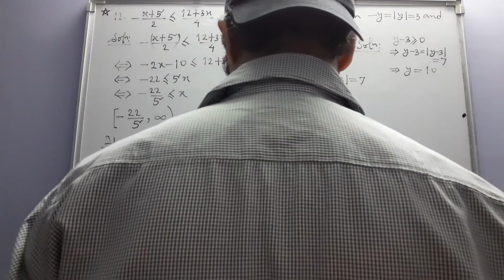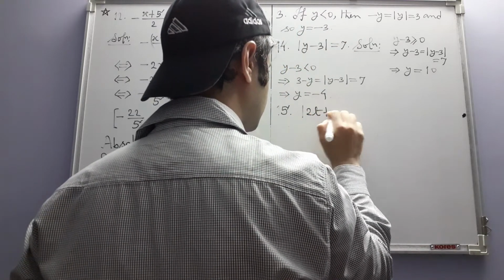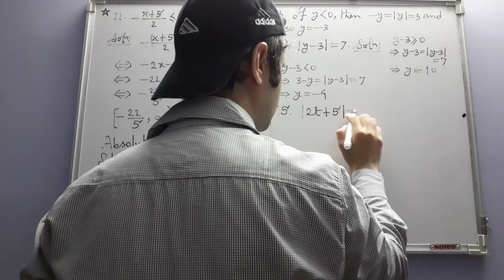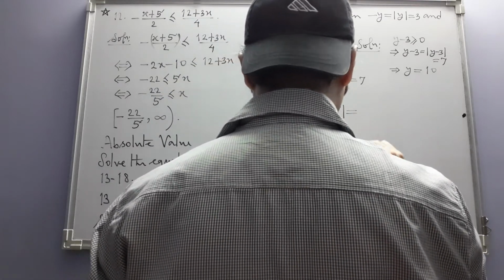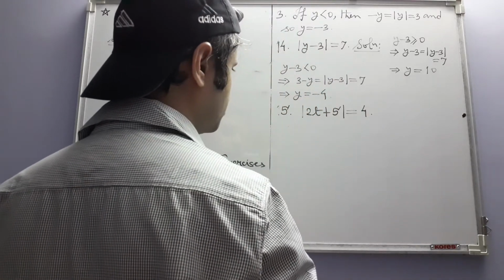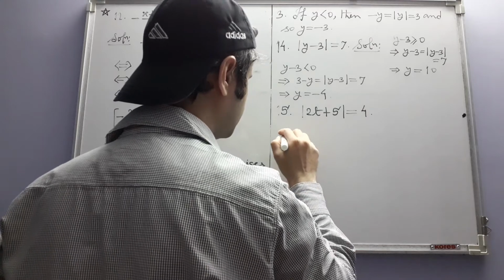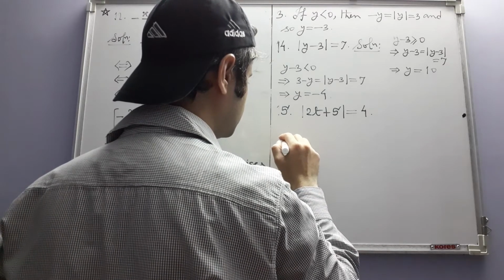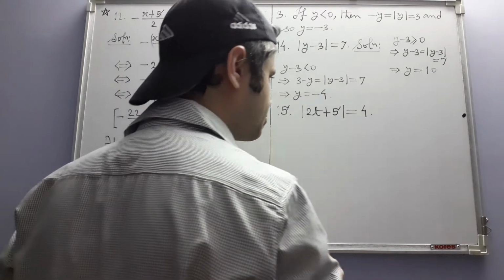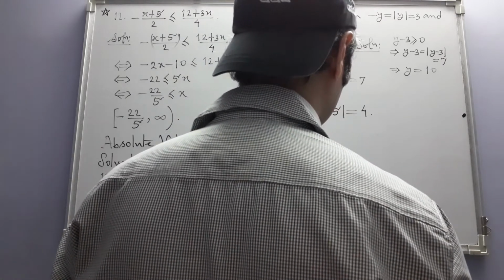15. Absolute value of 2t plus 5 is equal to 4. So here you can see that 2t plus 5 will be either 4 or minus 4.